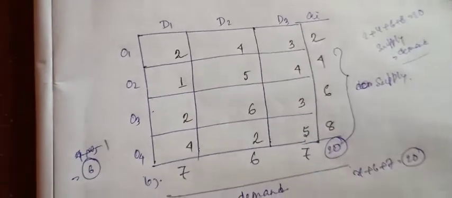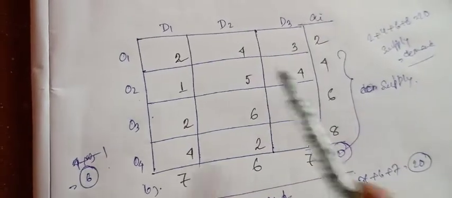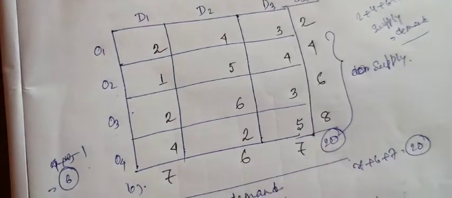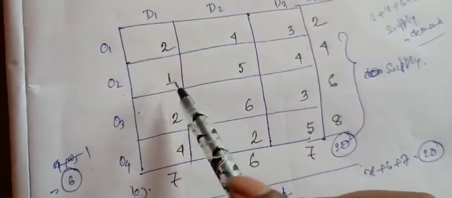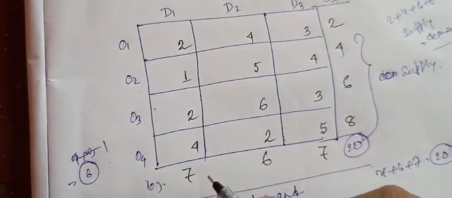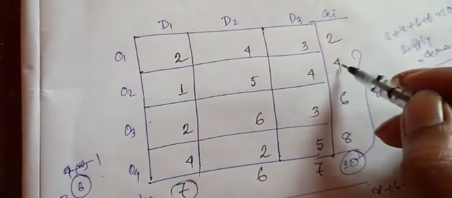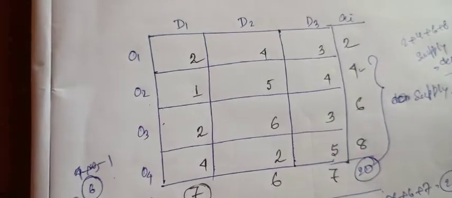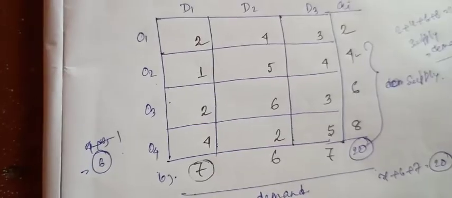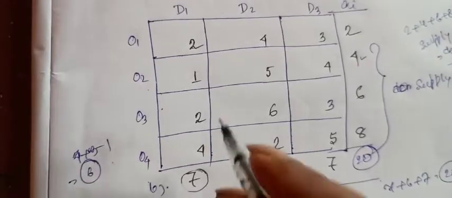Whenever we solve it, we have to follow very carefully. First we choose the minimum cost of the matrix. What is the minimum? 1. That is O2 and D1. Now check the demand, which is 7, and the supply, which is 4. Demand is greater than supply, so we give all the supply of 4 units against this demand.